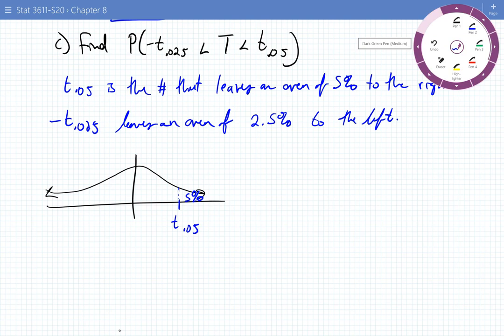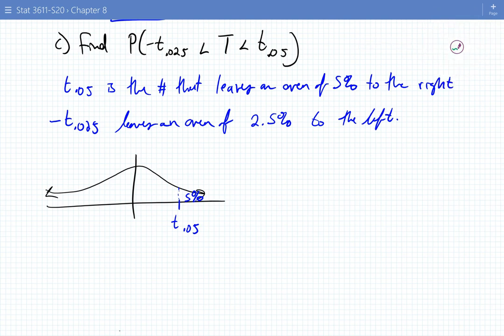If this is t of 0.025, that would mean 2.5% area in this direction, but it's the negative of that number, so we're looking at this number right here. So by symmetry, this is going to be 2.5% of the area.